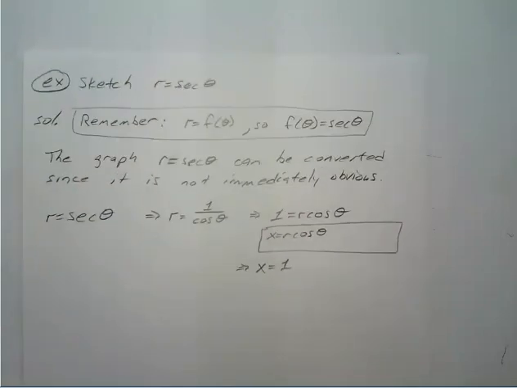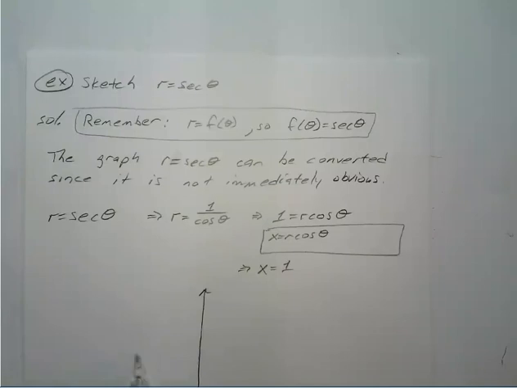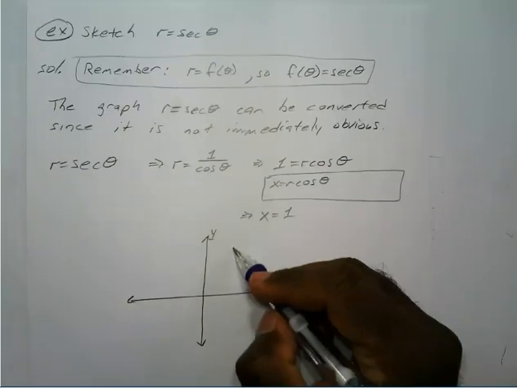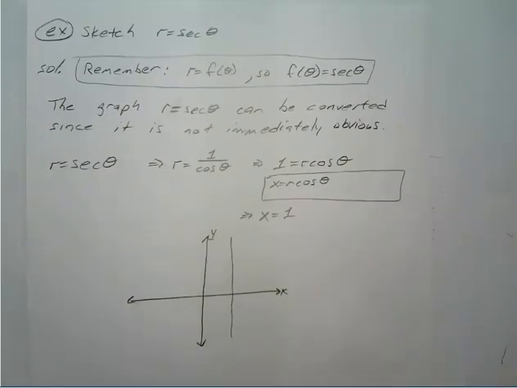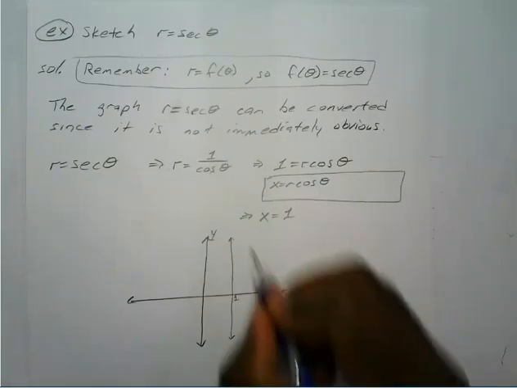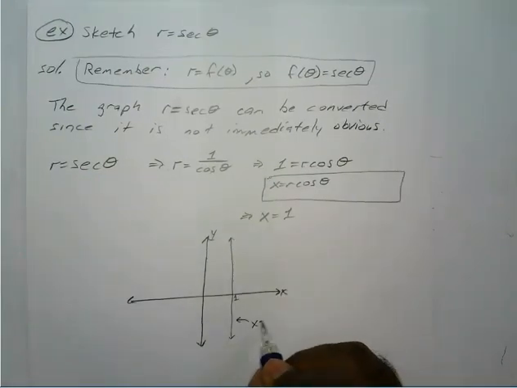And what's the graph of x equal to 1? It is just literally a vertical line through 1. So that's your 1. This is the graph of x equals 1.